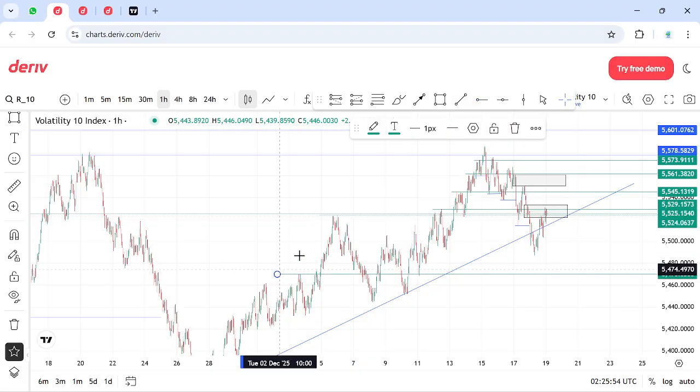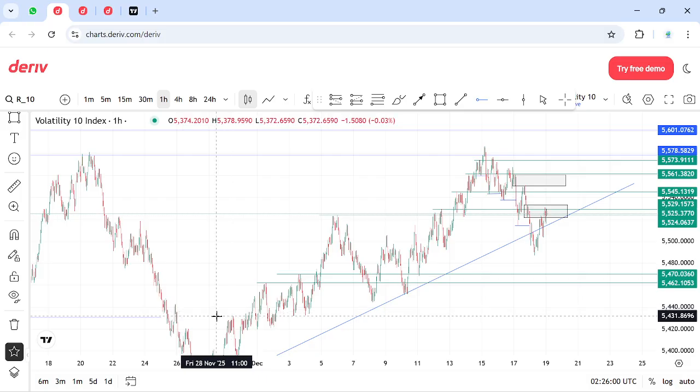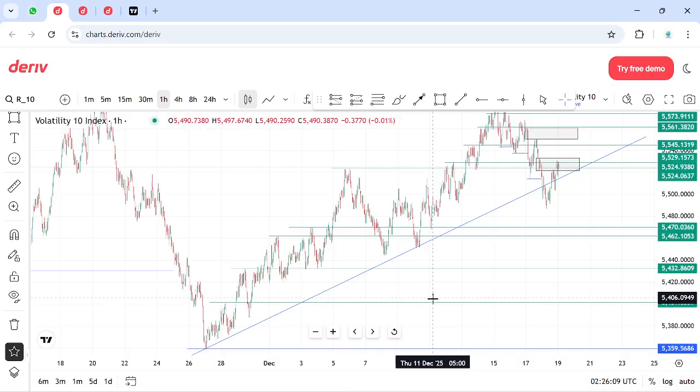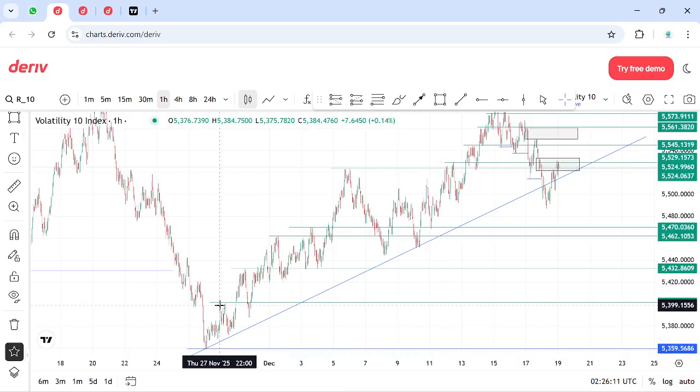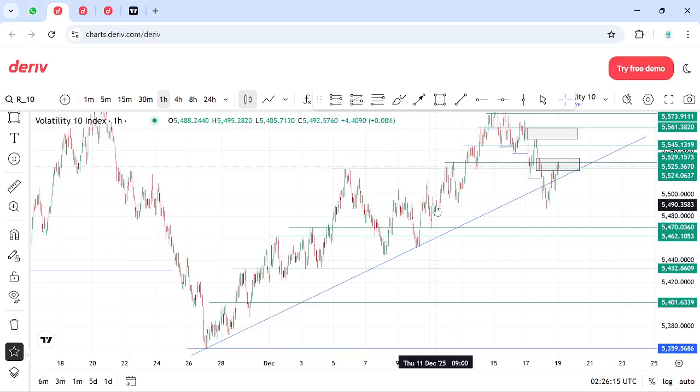Then we'll mark other levels. So mark other levels out, and these are the levels. We have 1, 2, 3. So all of these levels are very important.